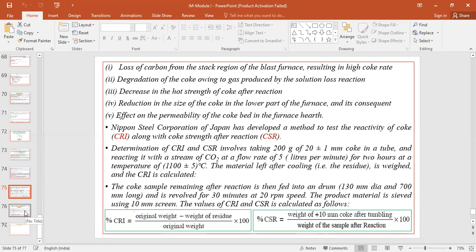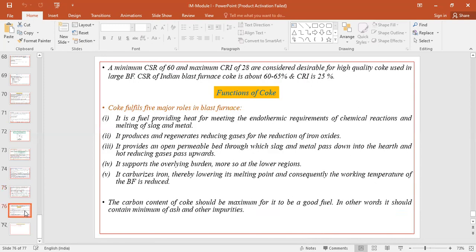So these are some of the tests we need to perform to find out the properties of the coke before we subject it to the blast furnace as a feed material. A minimum CSR value of 60 and a maximum CRI of 28 are considered desirable for high quality coke which can be used in the blast furnace.